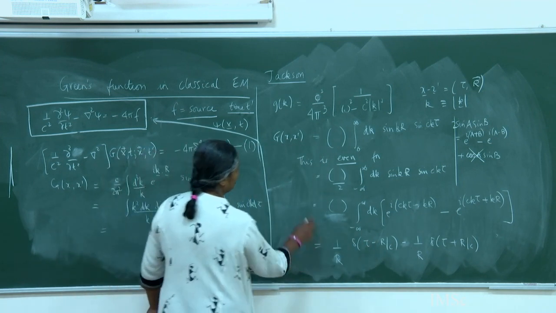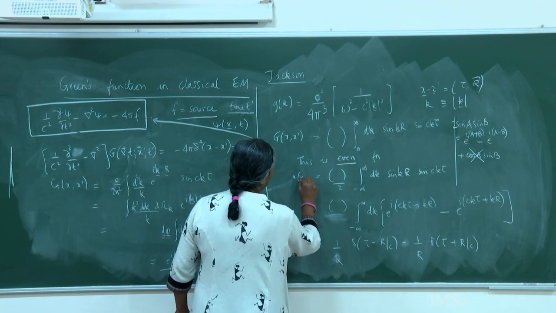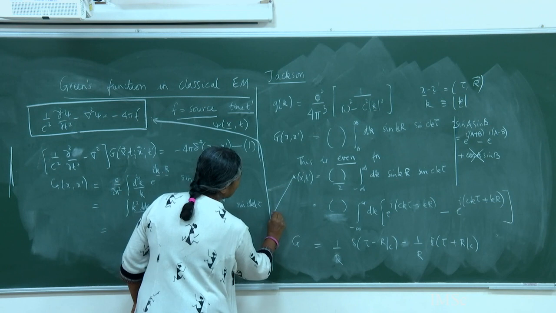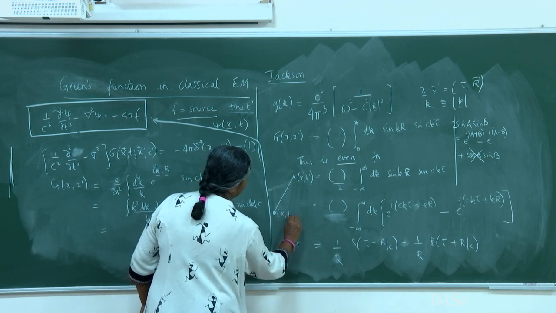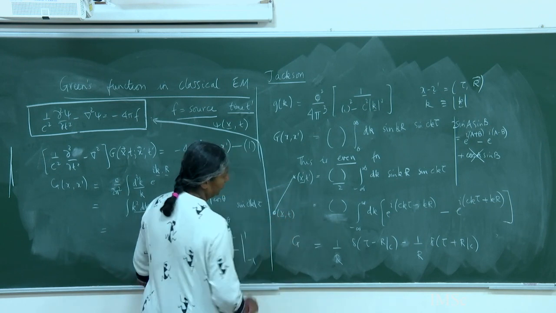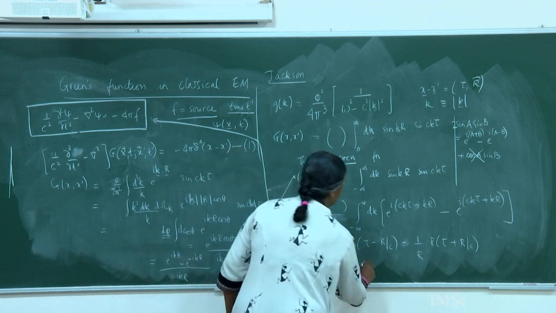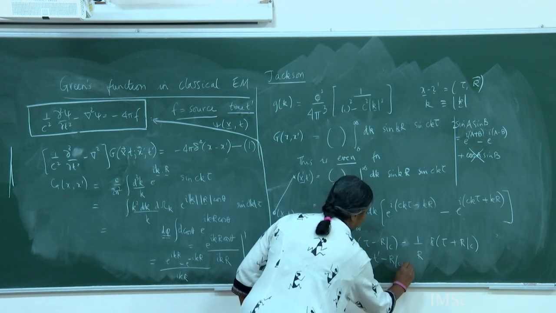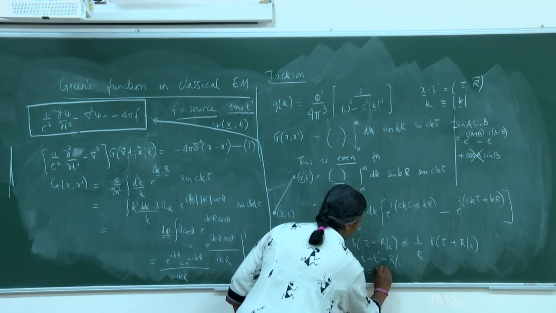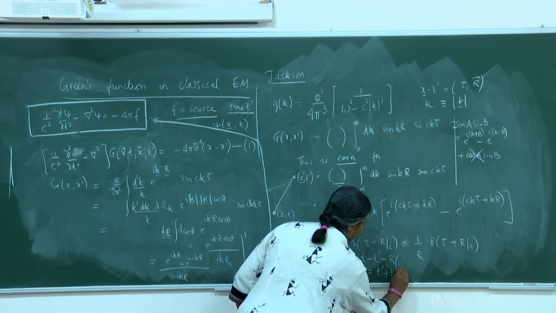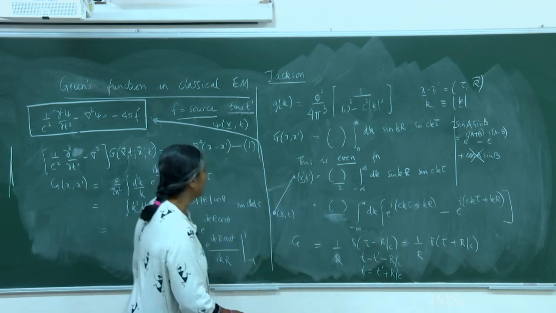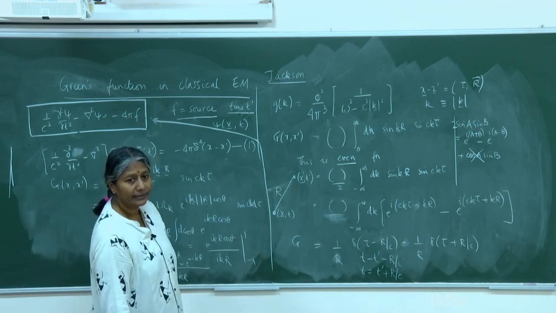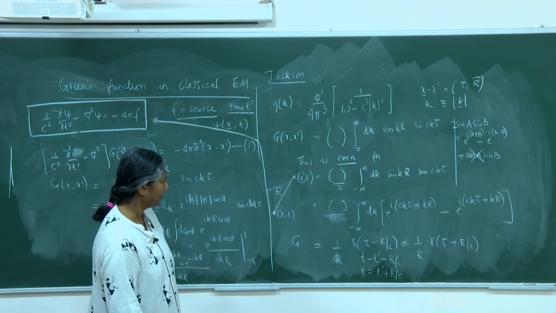Where is the source? The source is at a point x prime, t prime. Where are you measuring the field? At a point x, t. So this tells you t minus t prime minus r by c is zero, or t is equal to t prime plus r by c. What does this mean? The distance between these two is exactly r, that was the vector x minus x prime.